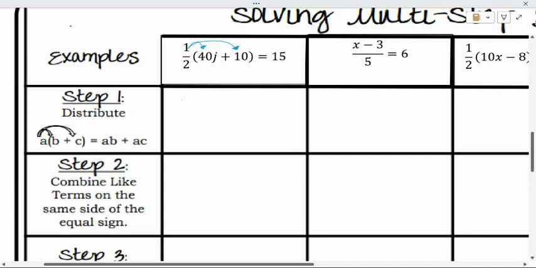I'm multiplying it, yeah. So I'm going to say to myself, what is half of 40? 20, yeah, it's 20J. So 20J plus, what is half of 10? 5 equals 15.